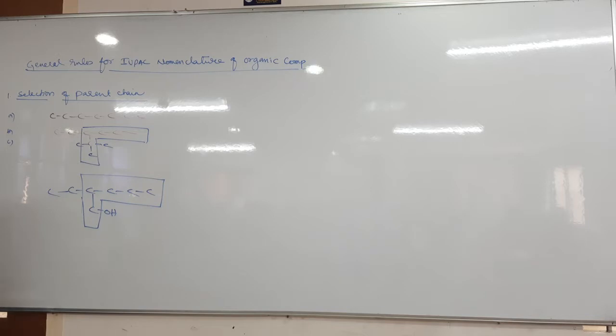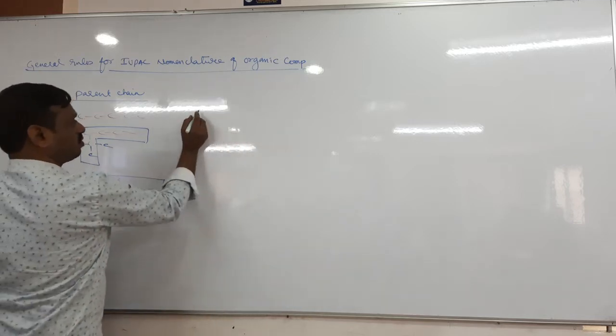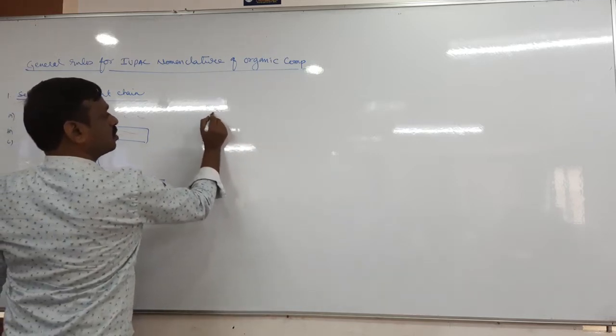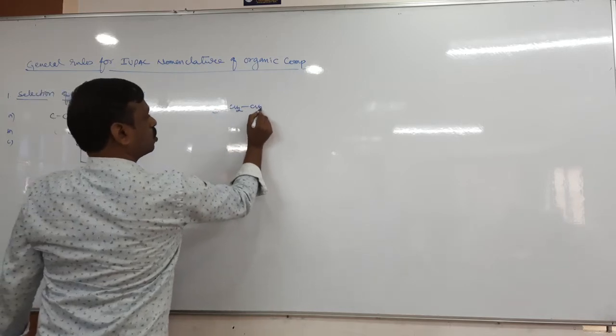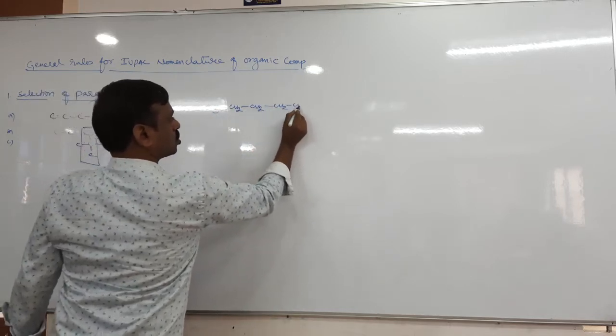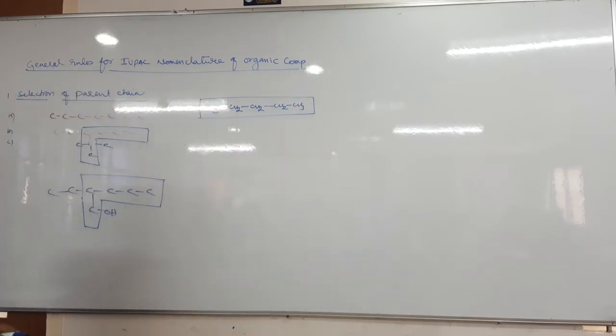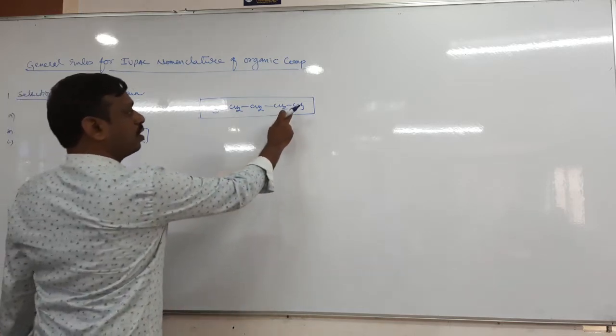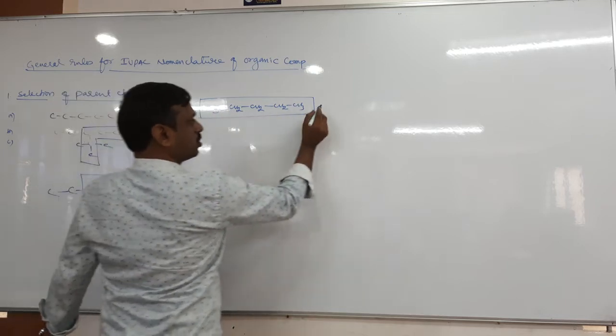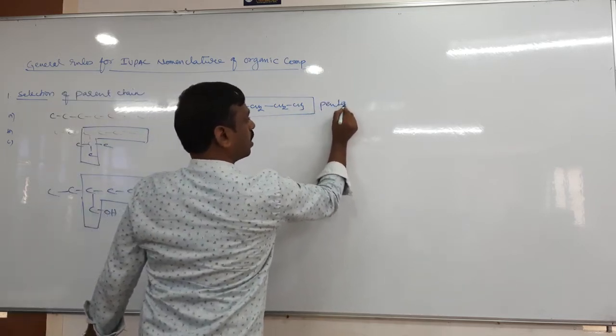Example, CH3, CH2, CH2, CH2, CH3. So this is the parent chain. What is the IUPAC name? You can write it as pentane.